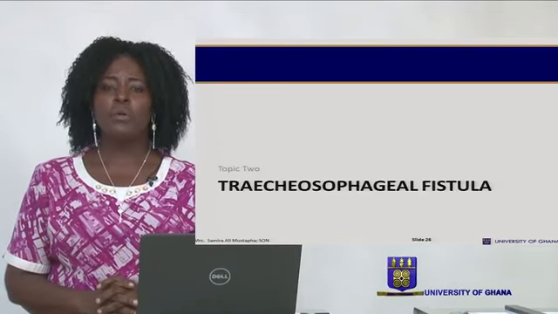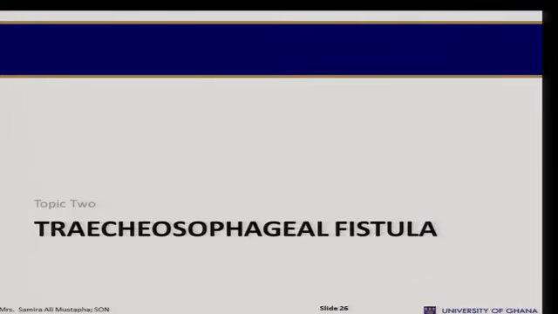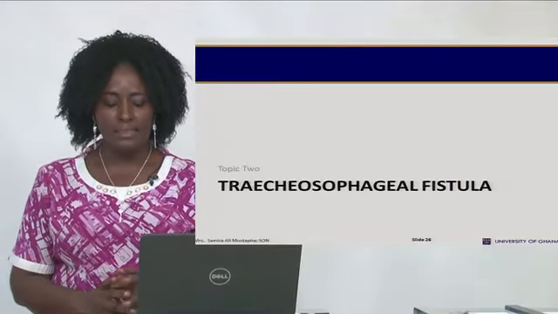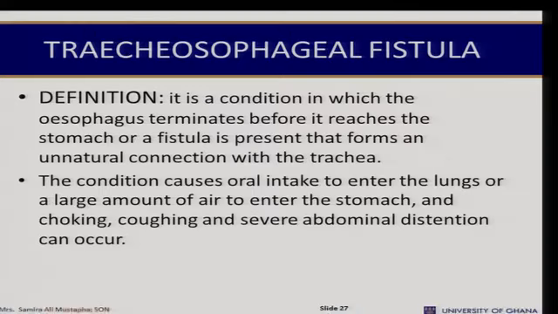So now we go to our second topic, tracheoesophageal fistula, which connotes communication between the esophagus and the trachea. By definition, this is a condition in which the esophagus terminates before it reaches the stomach, or a fistula is present that forms an unnatural connection with the trachea.